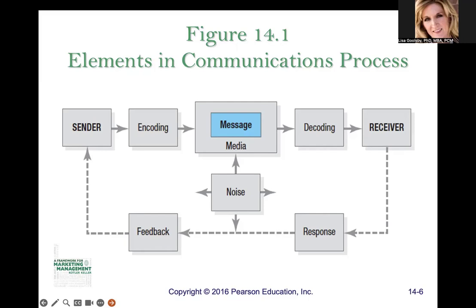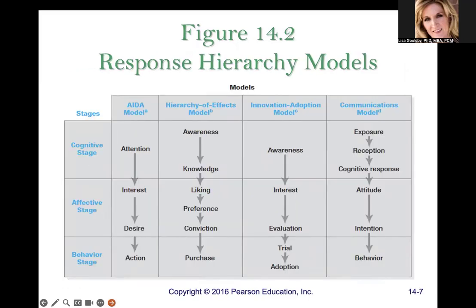It's important to understand how this communication process works so that you understand how best to send the message to your consumer and to know how to fight the noise that they're hearing and how to respond to the various forms of feedback that that consumer may have.